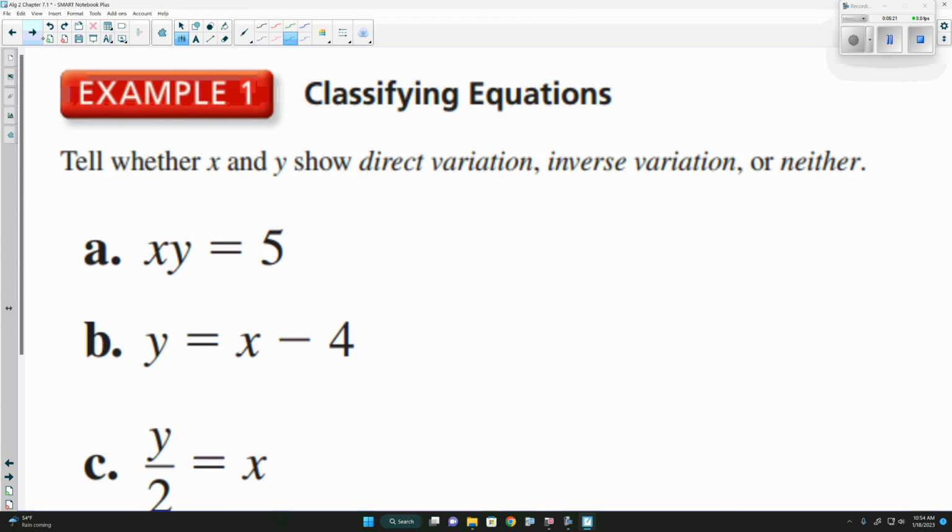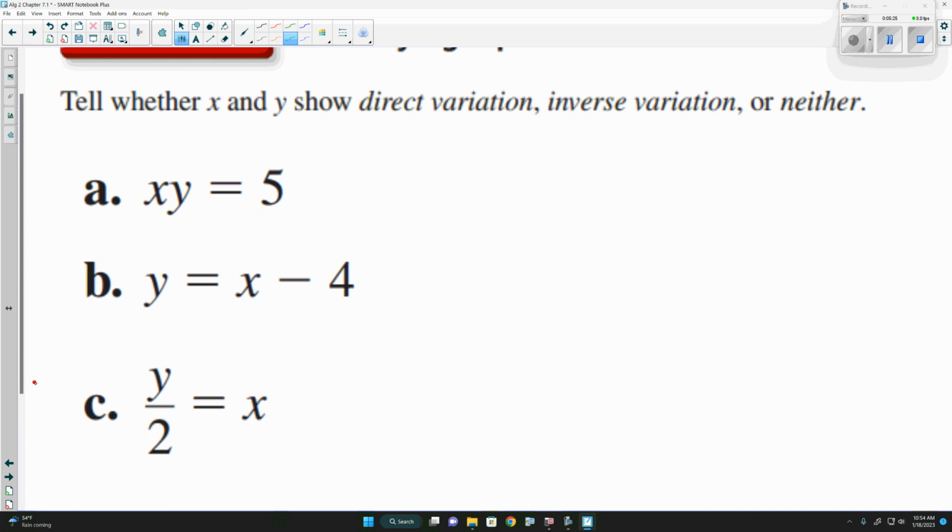Now, the first thing we're going to look at is determining whether each equation is direct variation, inverse variation, or neither. Now, as we just saw, direct variation came in one of two similar forms. Y is equal to a times x, or y over x is equal to a.